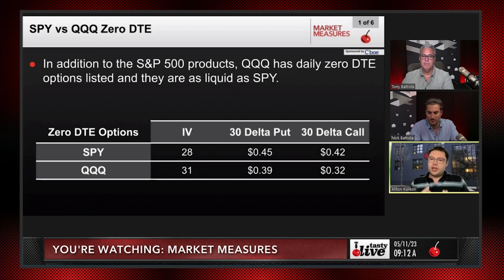If you have the Qs, which usually are more rich, right, higher implied volatility than the SPY, what's the difference when you trade these 0 day options in the higher IV underlying? And the cool thing is SPY and Q are highly correlated. So on days you could get the same down move in the SPY, you're going to have the same down move in the Qs. What are the differences between those options in the 0 day cycle, given that the Qs are richer to begin with?